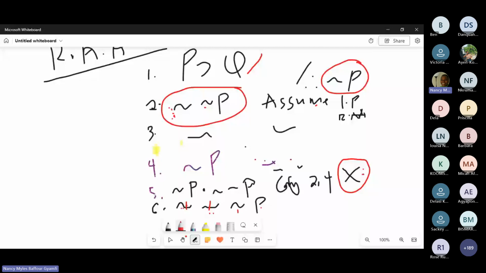Direct proof, there was no assumption of anything. So when we finish, we don't discharge anything. We don't spell out anything that was wrongly brought in for the purposes of argumentation. But when we do indirect proof and conditional proof, we have to spew out what was assumed. That is what discharging means. So you will have to discharge from where you did the assumption.